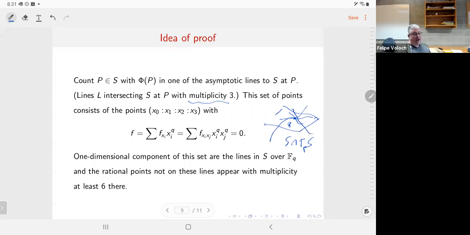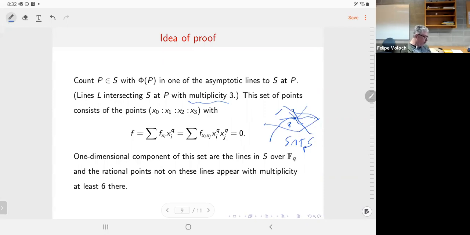So now you have a pair of lines, and the condition that phi of P is in this pair of lines gives you two additional conditions on P. So you expect a finite set, and in fact you can work out what it is.